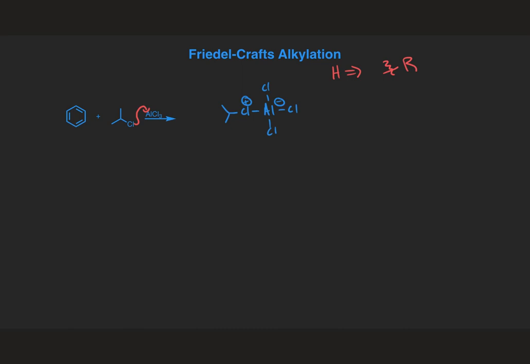And this chlorine that now has a positive charge is an exceptional leaving group. And so it's just going to leave to form this secondary carbocation plus aluminum tetrachloride.